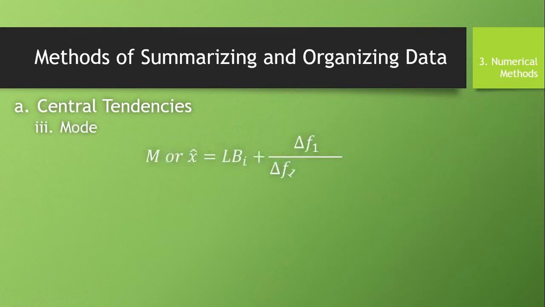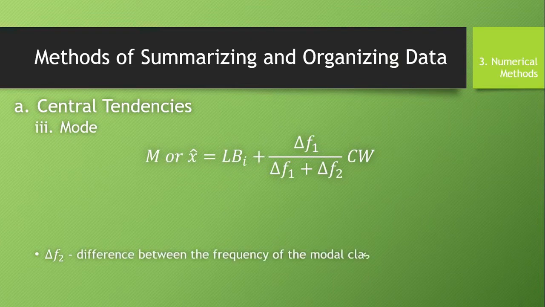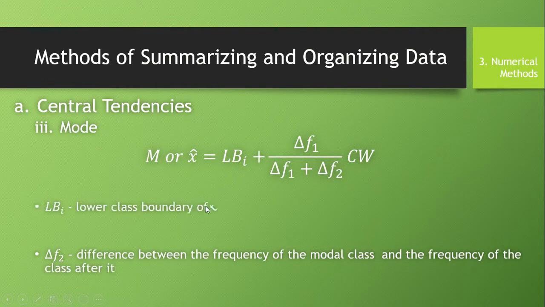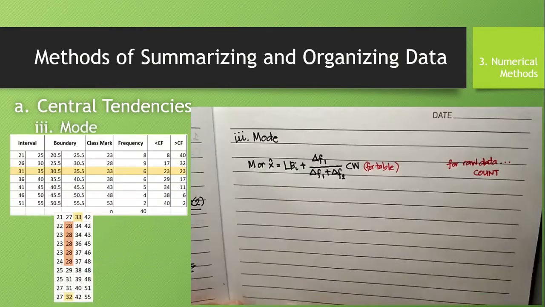Let's proceed with the mode. Now, the mode is the value which occurs frequently among the data. So that would mean the value that occurs frequently, which means it is the value which has the largest or the greatest frequency.